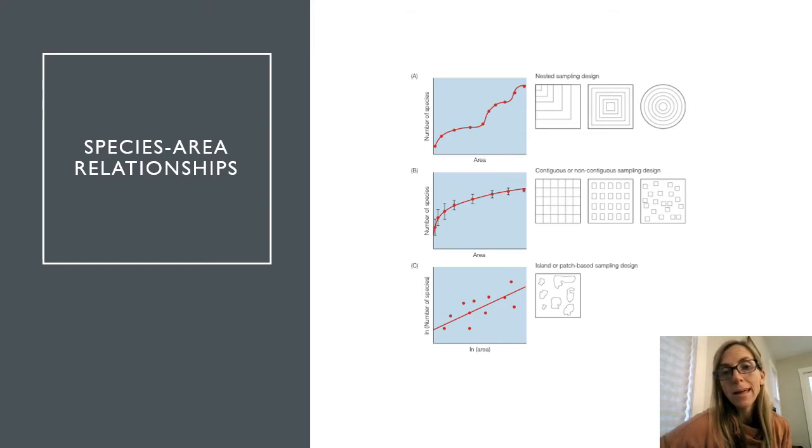And a nested design might not lead to a measure of alpha diversity, for instance. So species area relationships are often extrapolated across scales to predict the relationship between species richness and habitat area. But we know that diversity can be scale dependent and will not always exhibit the same slope. So we need to be careful when we're trying to extrapolate a diversity measure.